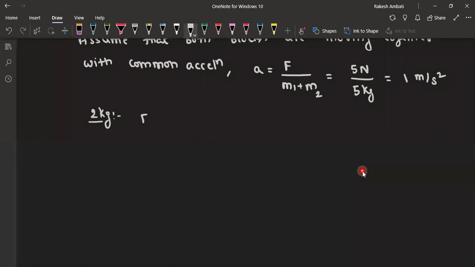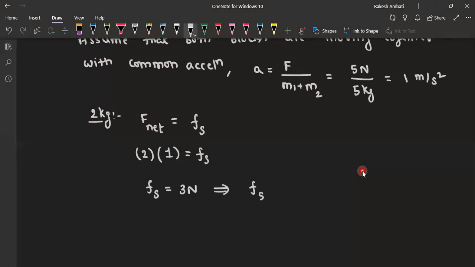Therefore, F net equal to Fs. F net means mass into acceleration. The mass is 2 kg, and the acceleration we got is 1. So Fs equal to 2 Newton.